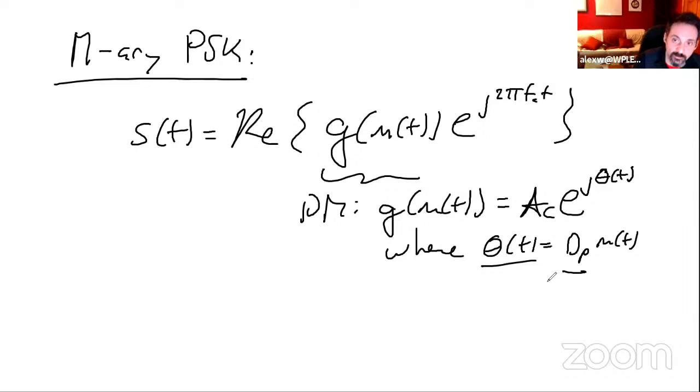Now, to get the complete expression without that real operator, what do we do? Well, it's going to be equal to this.